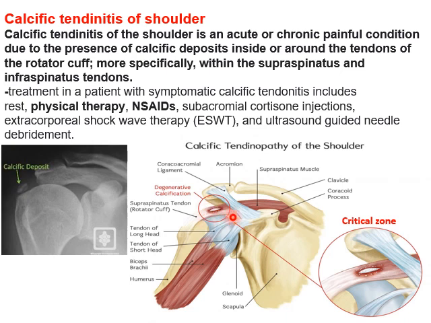You can just break down these calcium deposits. They are nothing but hydroxyapatite crystals, which are seen in cartilages also. So these calcific deposits can be broken down by shock wave therapy also.